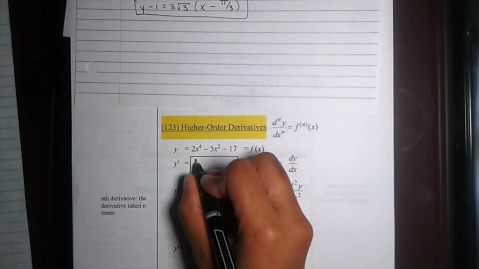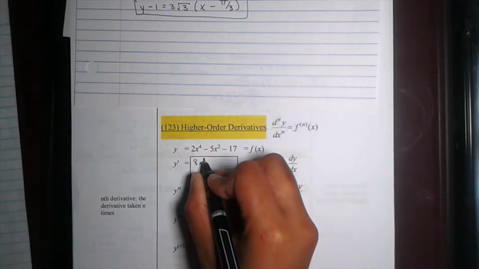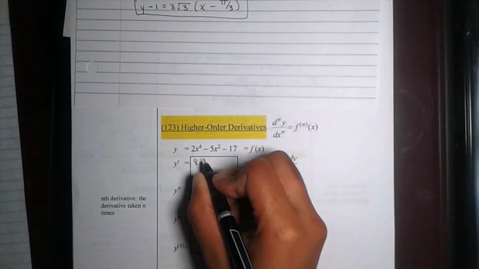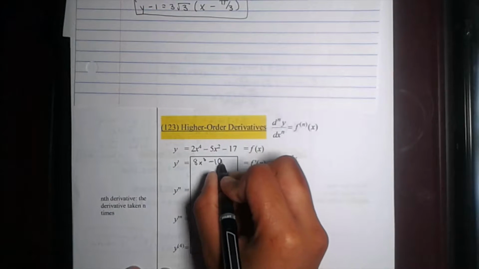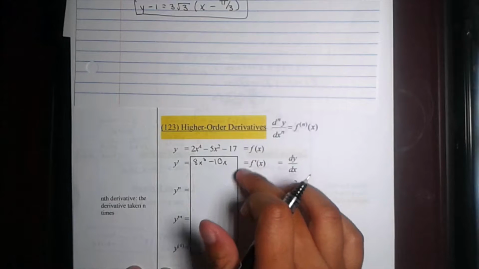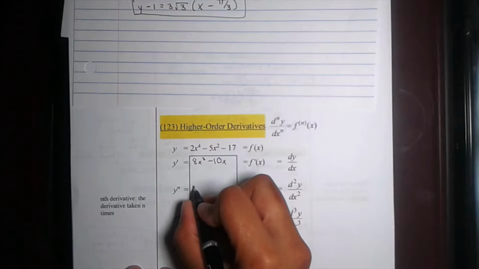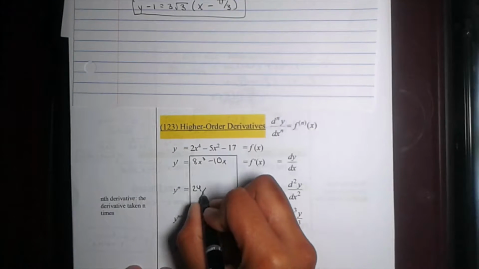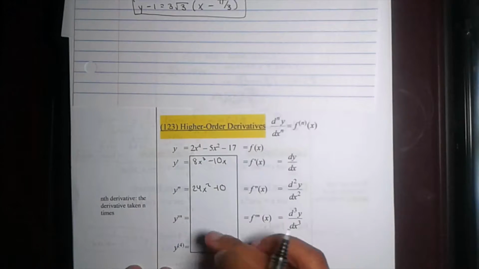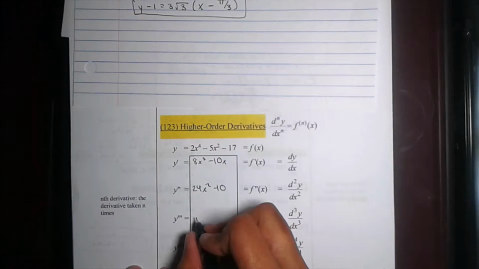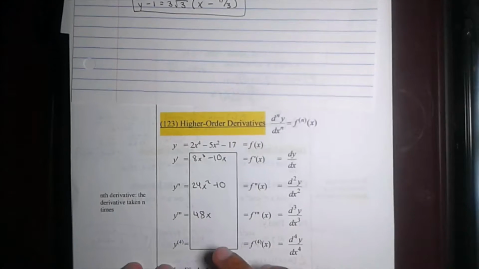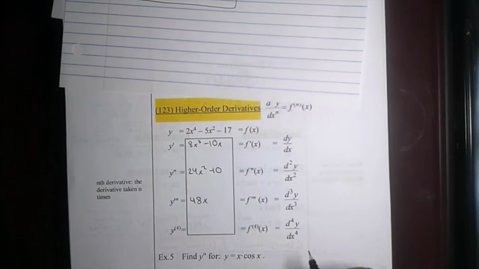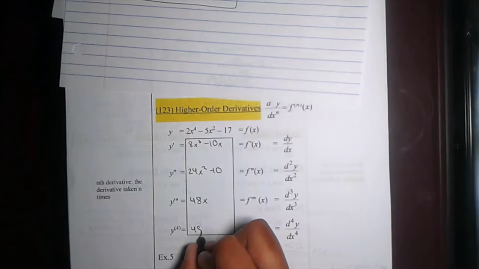So this is 8x cubed minus 10x. Derive it one more time for the second derivative. That's 24x squared minus 10. Another time for the third derivative. That is 48x. Another time for the fourth derivative, and that's just 48.